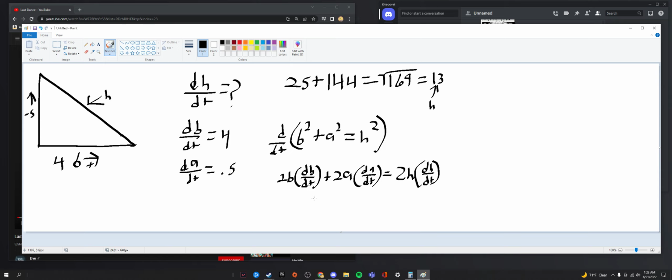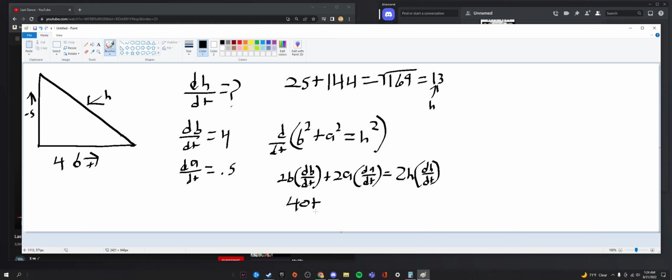So we would simplify this equation now. Essentially, 2 times 5 is 10. 10 times dB on dt, which we said was 4. So 10 times 4, 40, plus 2a. A was found to be 12. 12 times 2 is 24.